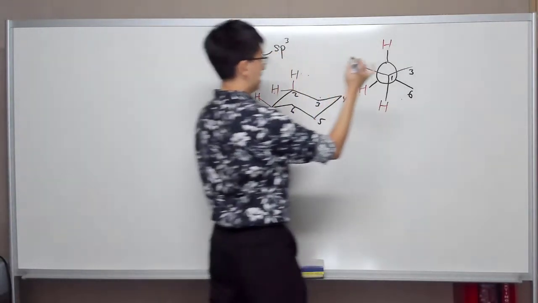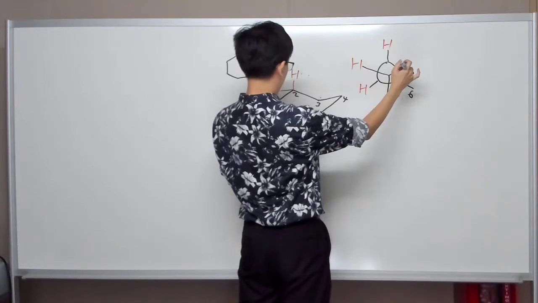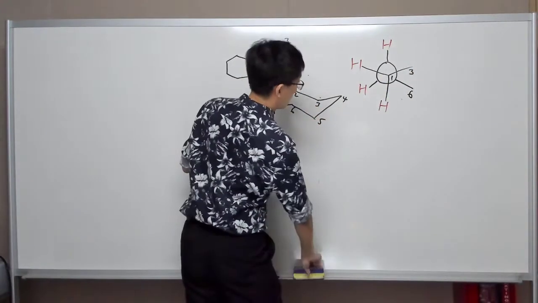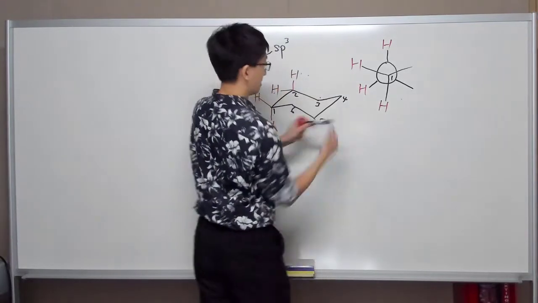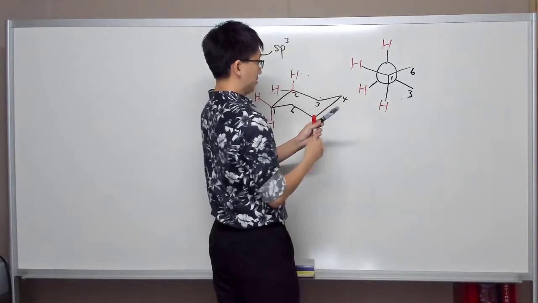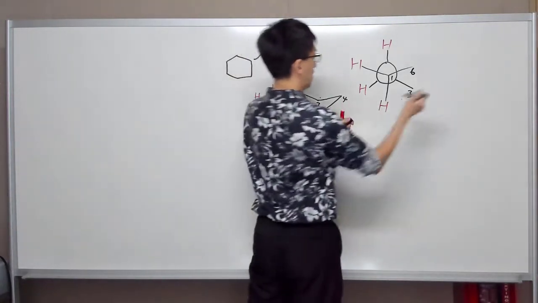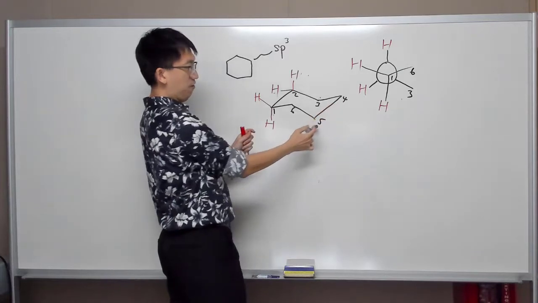And then after that, oh sorry, I think there's a slight mistake over here. 6 is actually here, and then 3 is over here. And then when we move across, we are looking at this region. We are looking at carbon 4 and 5.